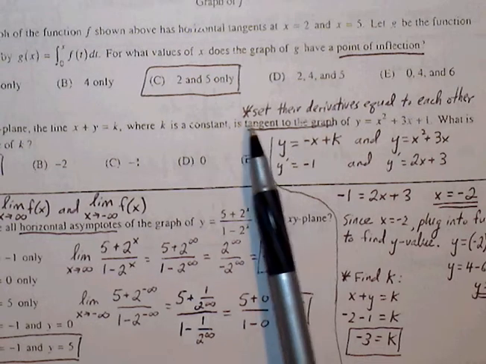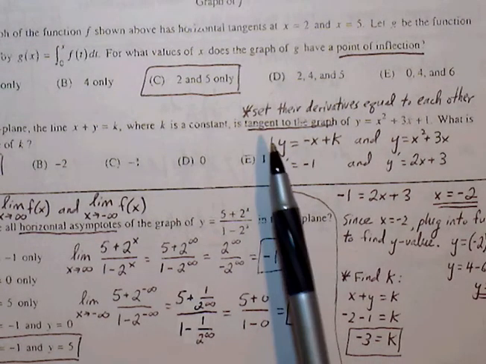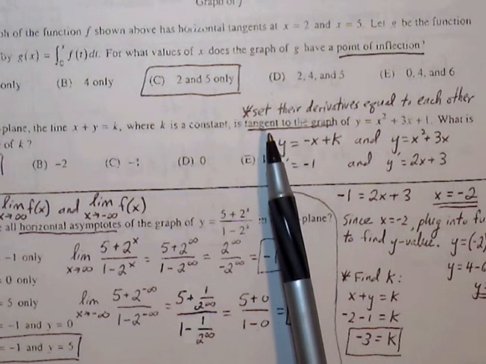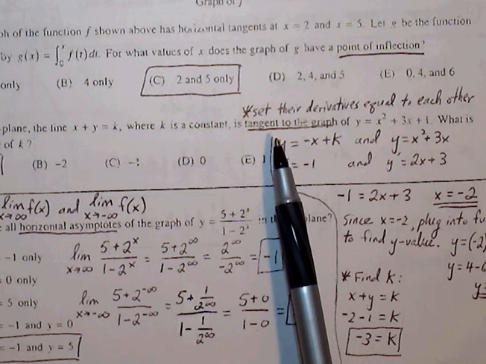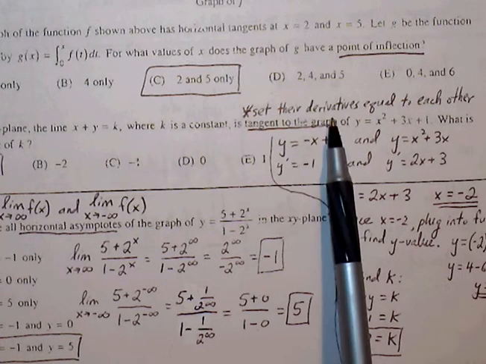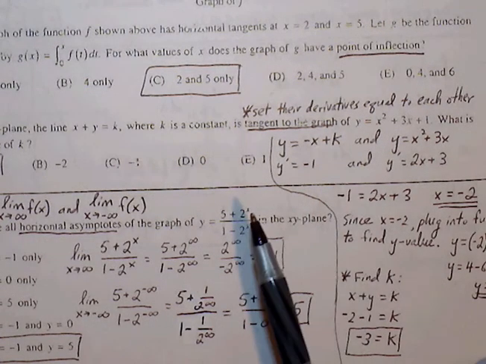Because a line is tangent to a graph, at their point of tangency, the line and the curve are going to share the same ordered pair, but they're also going to share the same slope. And because they share the same slope, we can set their derivatives equal to each other and use that to help us solve for x.